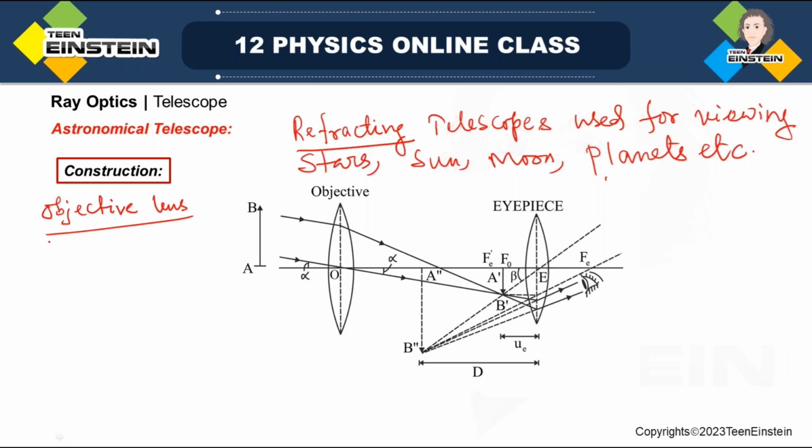So the objective actually faces the distant object. Then it has large focal length.